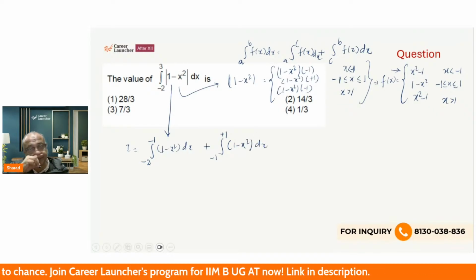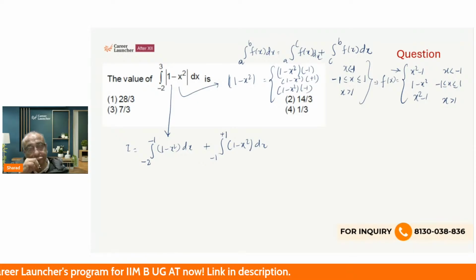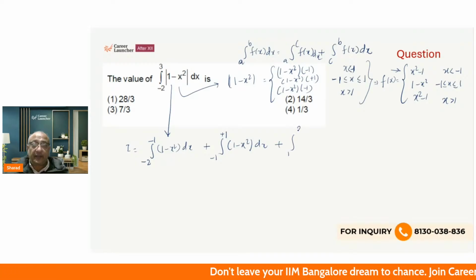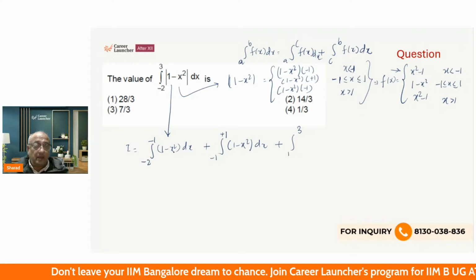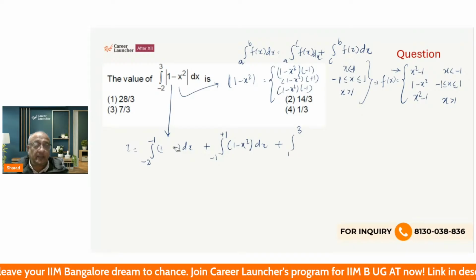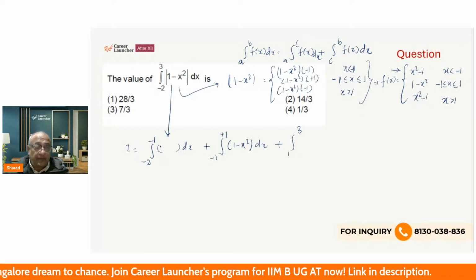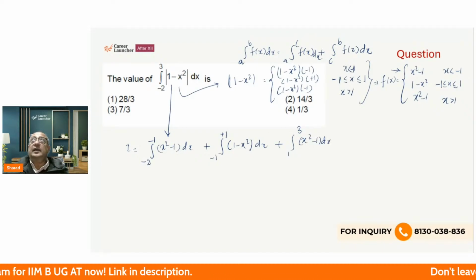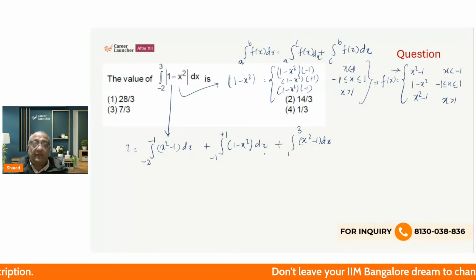So easy. Right? After this, when I have to evaluate the three pieces, I will write. Here we have written it wrong. Let me correct it. We'll write x square minus 1. Here also, we'll write x square minus 1 dx. Is it simple? Okay. Then we will evaluate this.